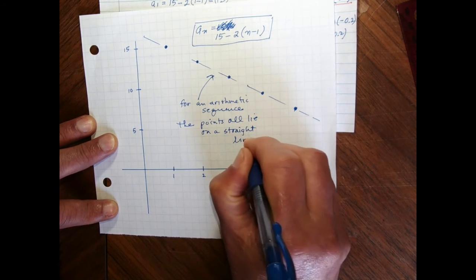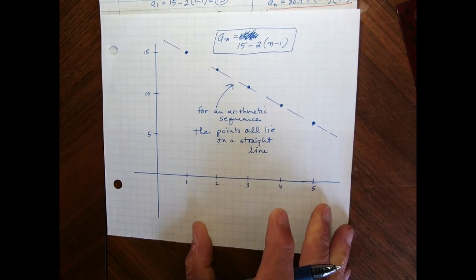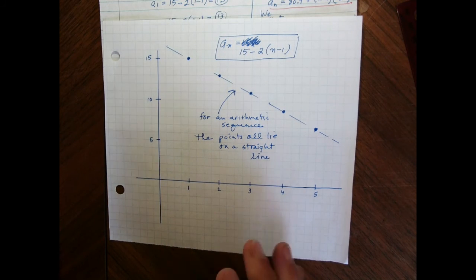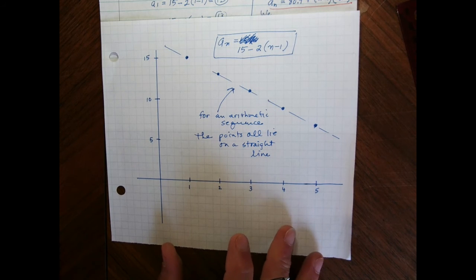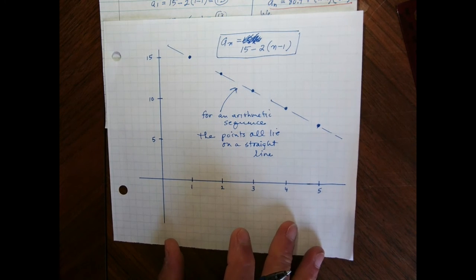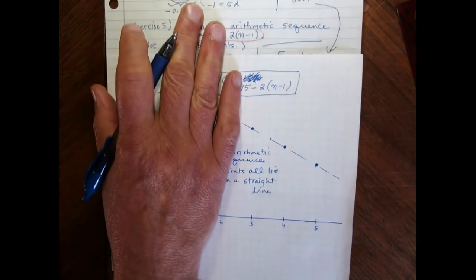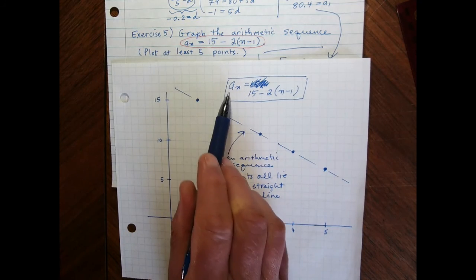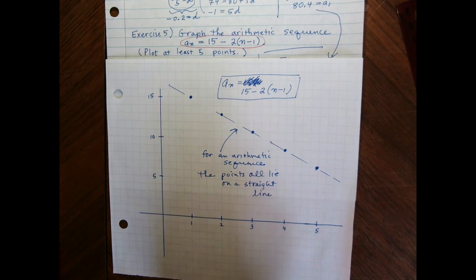For other kinds of sequences, that won't be the case. I think the one we plotted in an earlier video, they kind of curved around a little bit. But arithmetic is sort of like the sequence version of something that's very linear, very straight line-like. So there's our graph of the arithmetic sequence a sub n equals 15 minus 2 times n minus 1. And that's the end of this video.